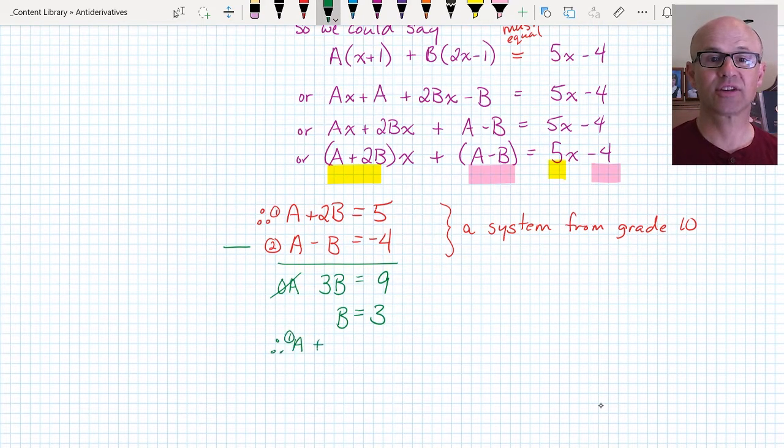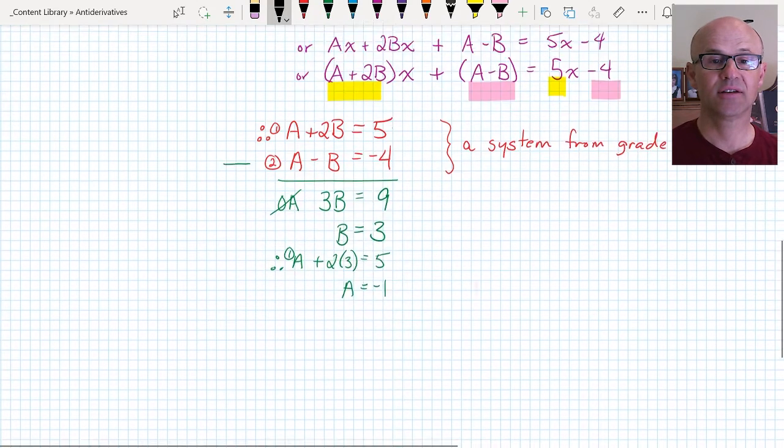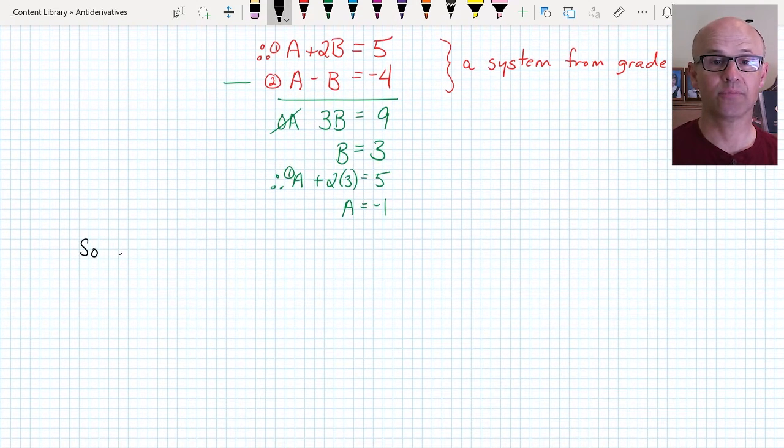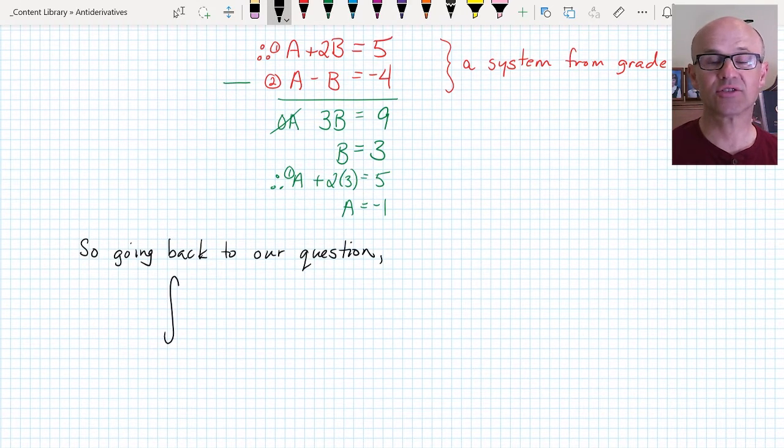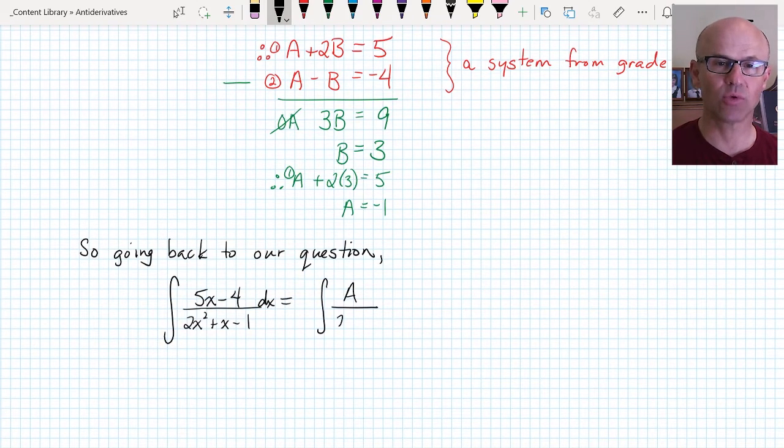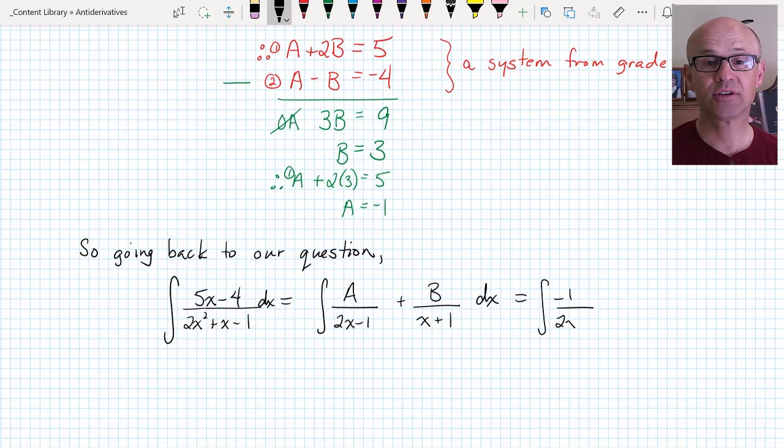Very quickly, I discover b is equal to 3. I plug it back in, and I get a is equal to negative 1. So my integral then, which was the integral of 5x minus 4 over top of 2x squared plus x minus 1, is the same thing as 2 partial fractions.